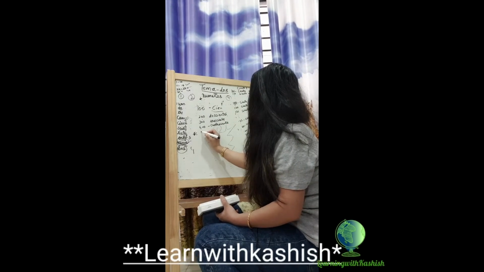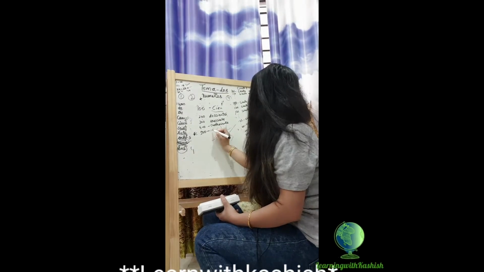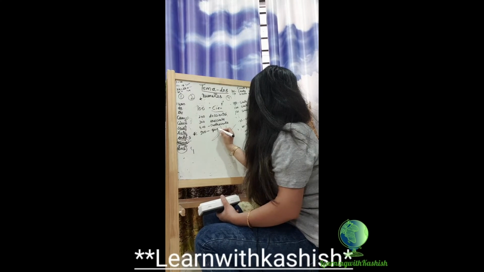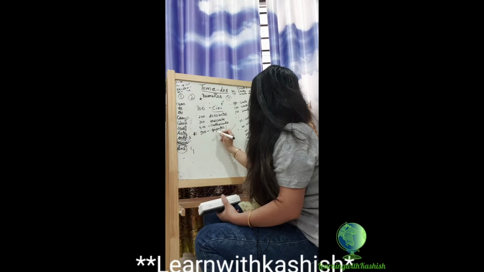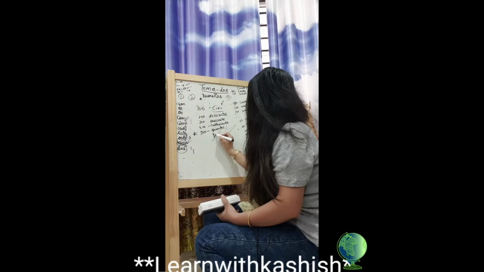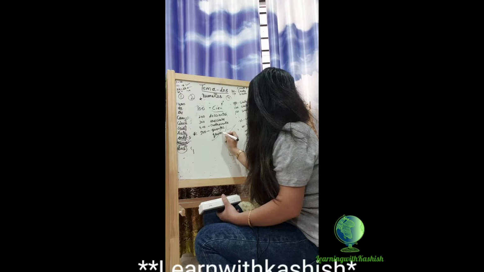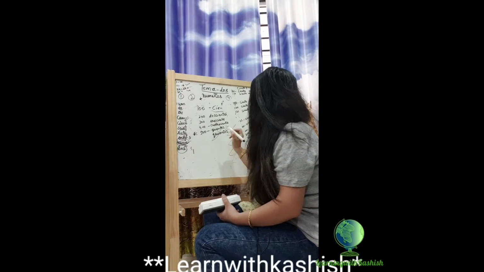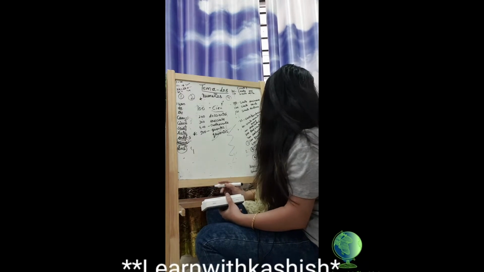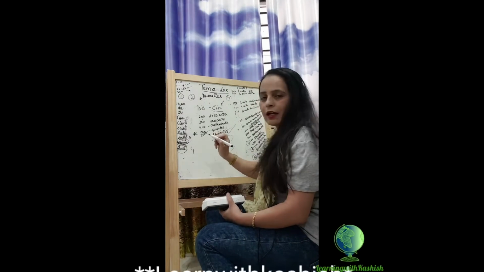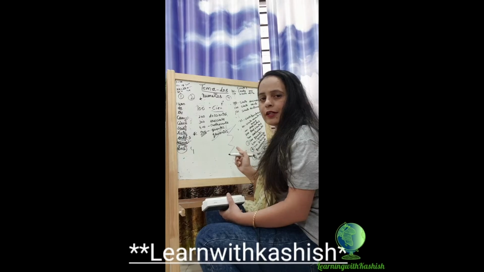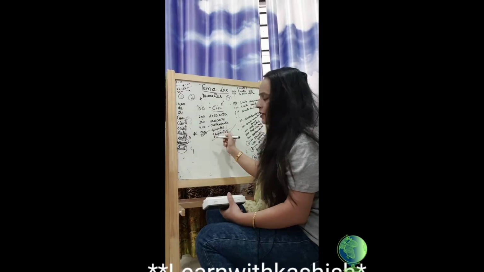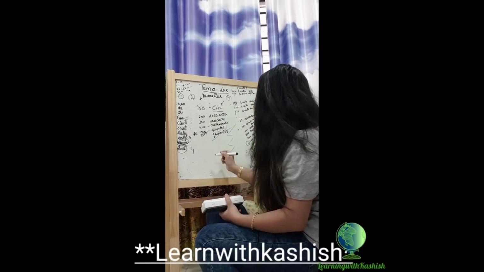Now this is the main point you have to remember. 500 is quinientos, Q-U-I-E-N-T-O-S. 500. This is tricky. I will tell you in a different lesson how we write this 500. We have to remember this.